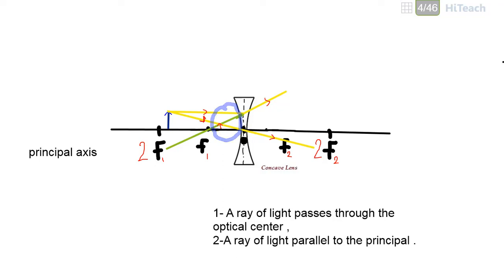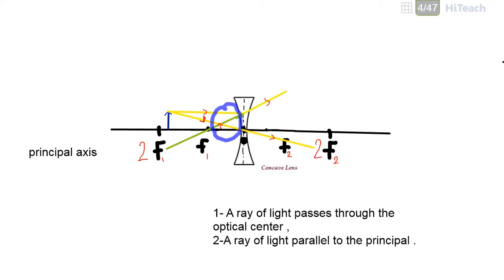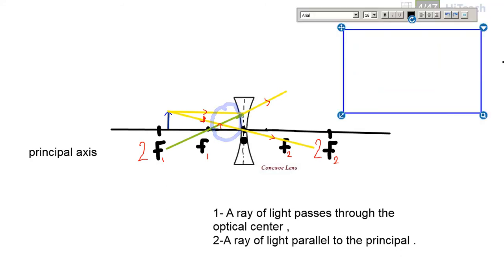So wherever you put the object for concave lens, it will give the same properties. Let's write these properties. The first one, virtual, it's not real.